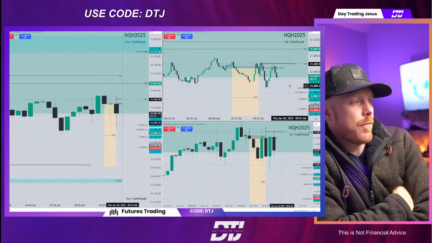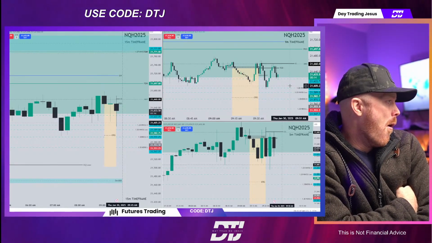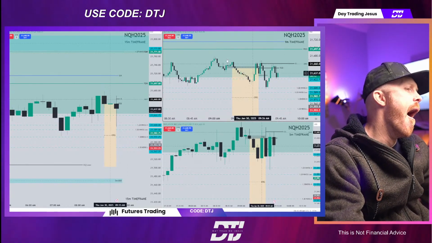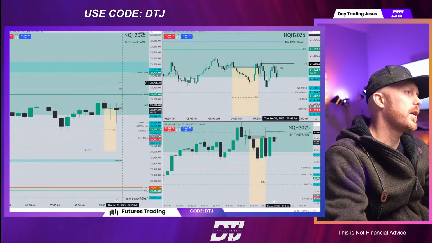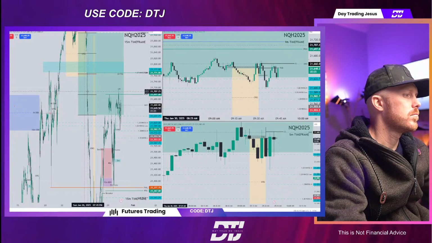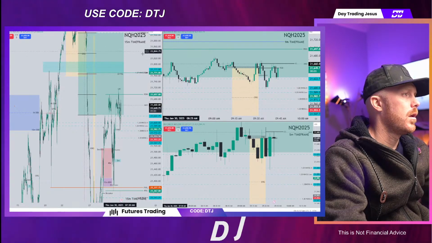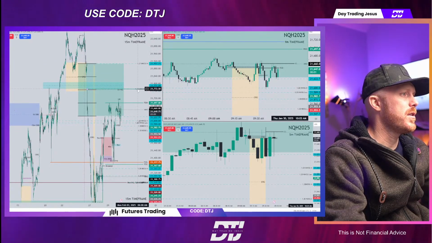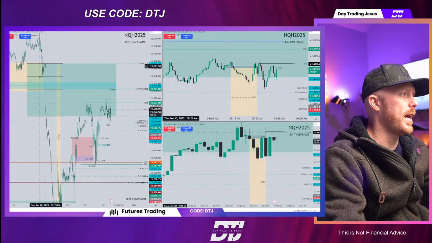Do I see it hitting Friday's range? What was Friday's range? You mean the previous week high? That's really what I'm looking at.